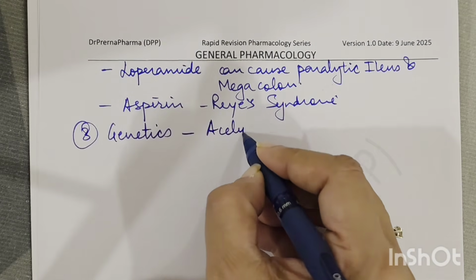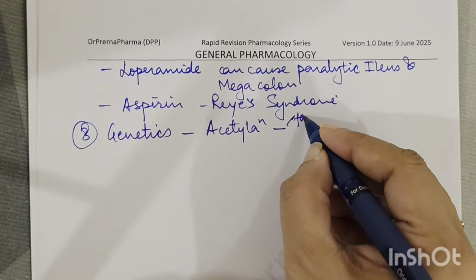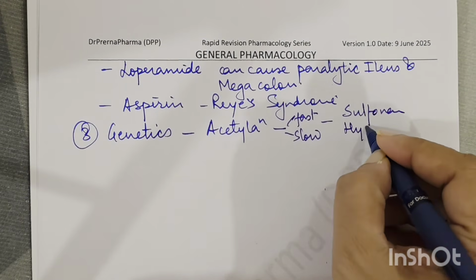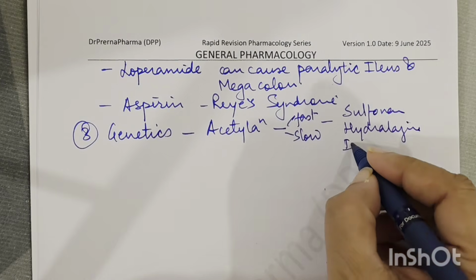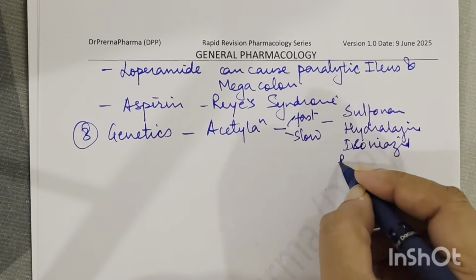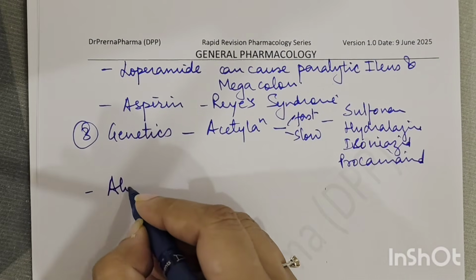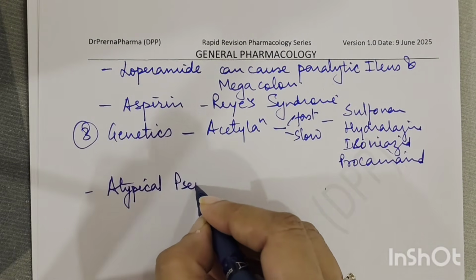So in this I told you one point about acetylation, that there are some people who are fast acetylators, some are slow. And what are the drugs acetylated? Sulfonamides, hydralazine, then isoniazid and procainamide. So these are the drugs which are metabolized by acetylation. Then other genetic defects like atypical pseudocholinesterase.